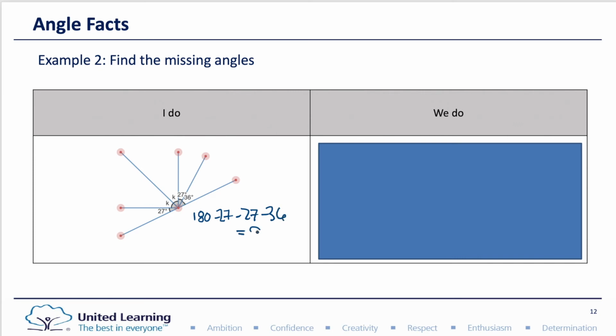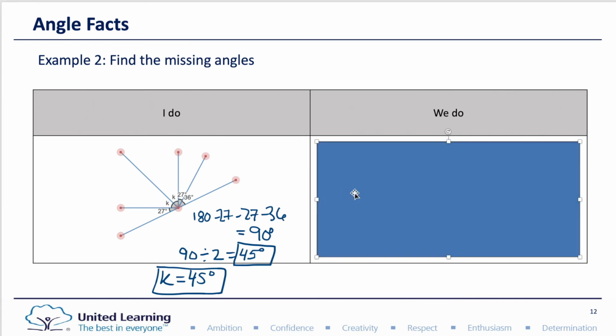Now that ends up getting you 90 degrees, meaning that 2 of the same angle equal 90 degrees. So if we now split that 90 degrees into 2 equal pieces, we will find that each angle is 45 degrees. So I know that K is 45 degrees. So again, take away what you know and then figure out how many equal pieces are left.